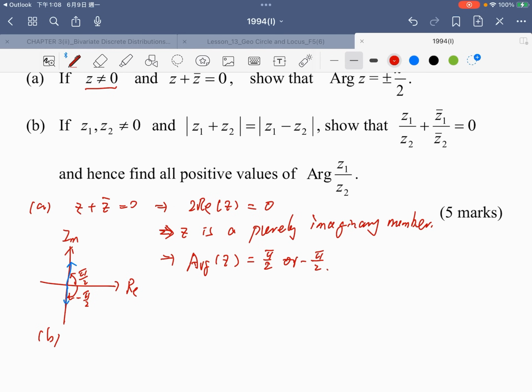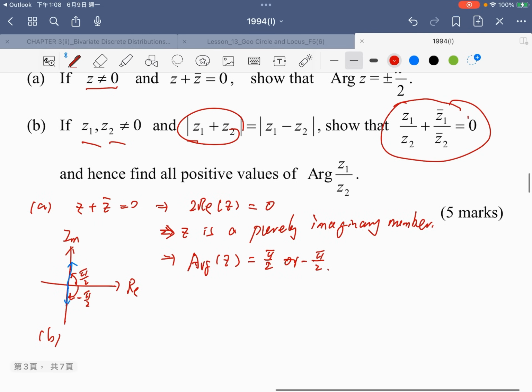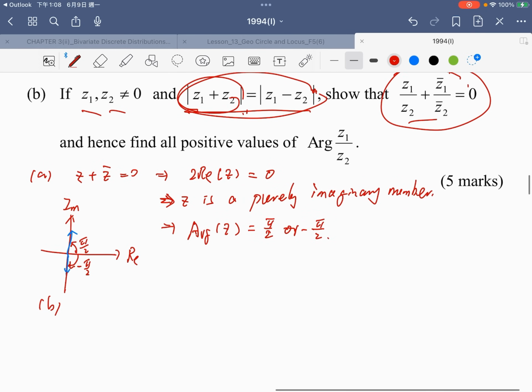For the second part, if z1 and z2 are non-zero, and the modulus of z1 plus z2 equal to the modulus of z1 minus z2, so that this part is equal 0. Okay, in general, if we have to prove this one, we can take square on both hand side of this part.